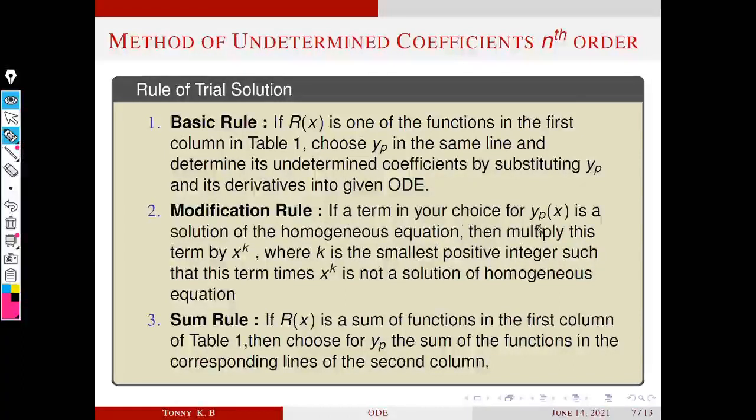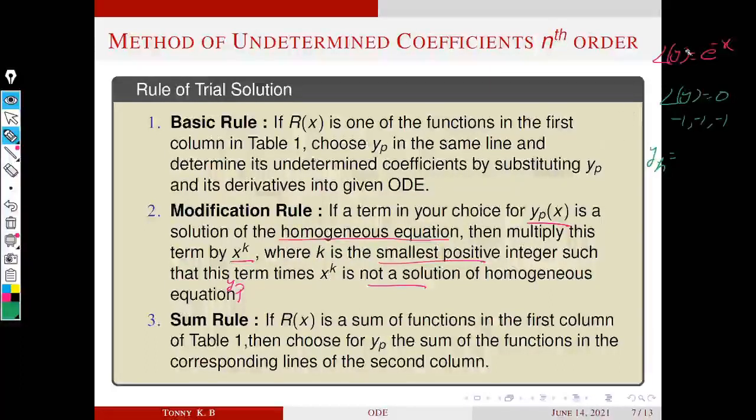If a term in your choice of yp from table 1 is a solution of the homogeneous equation, then multiply this term by x raised to k, where k is the smallest positive integer such that yp times x raised to k is not a solution of the homogeneous equation. That's the modification rule. I will explain it with the help of an example.